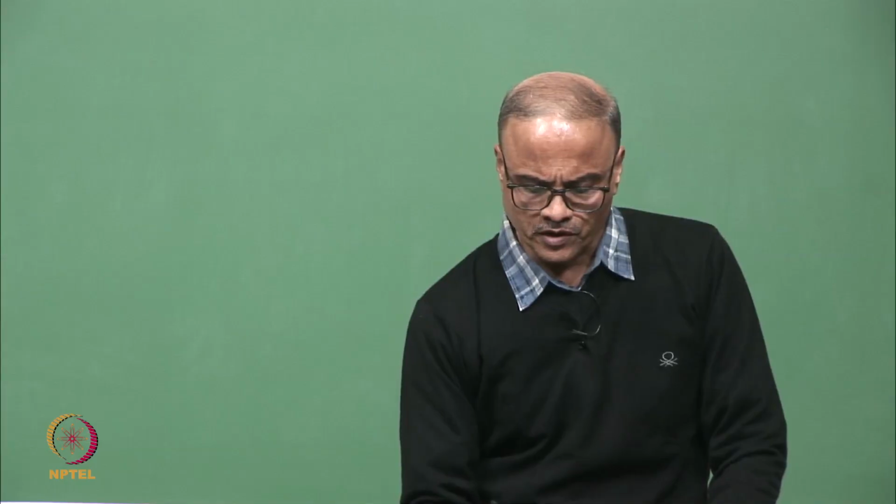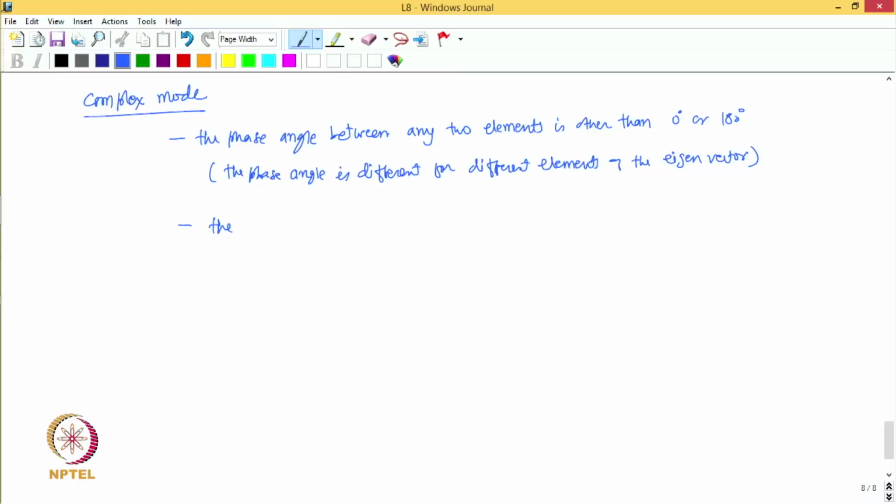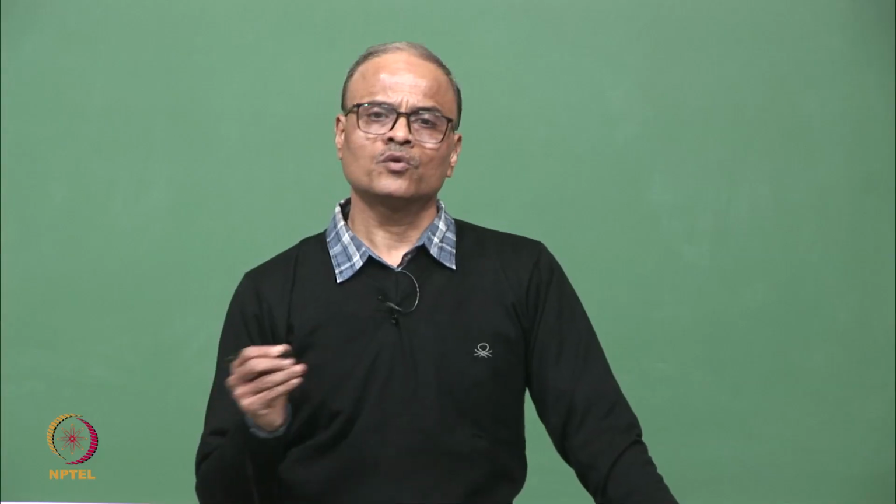So, here the various DOFs of the system reach their mean and extreme positions at different time instants. The motion of different degrees of freedom is not synchronized with respect to each other.